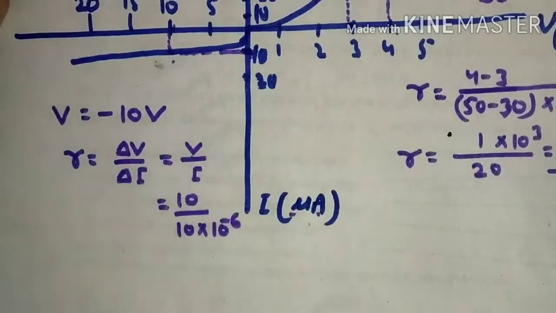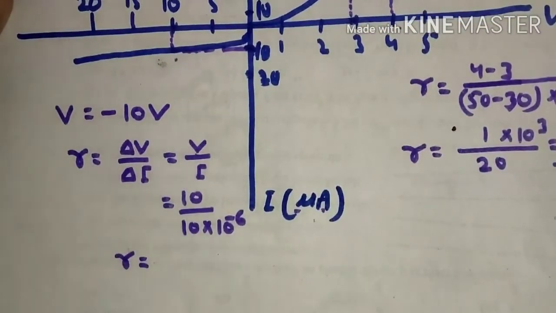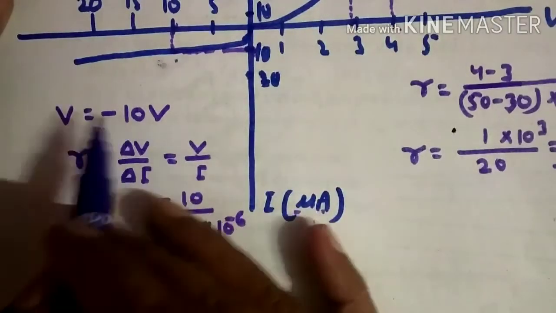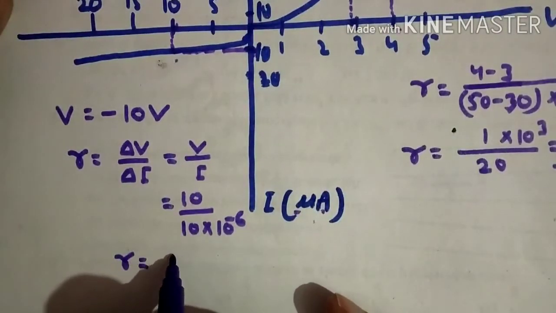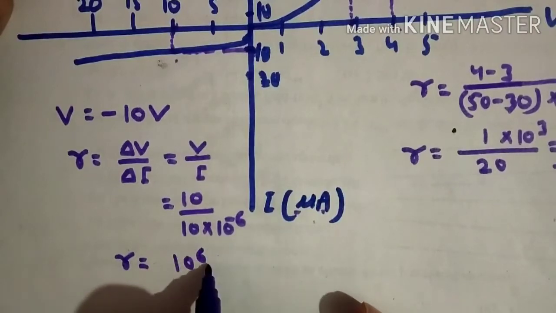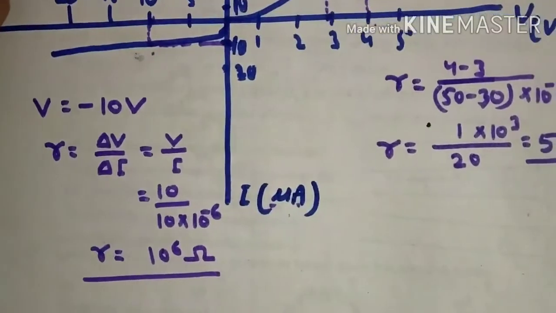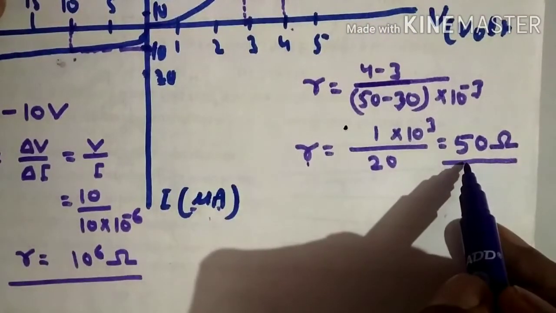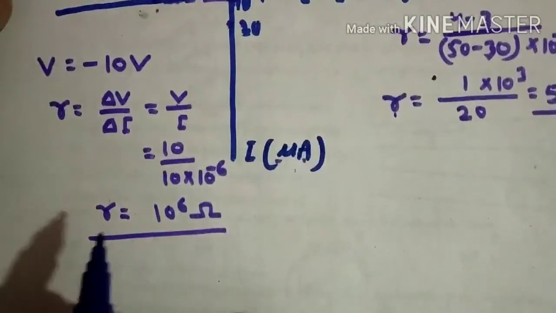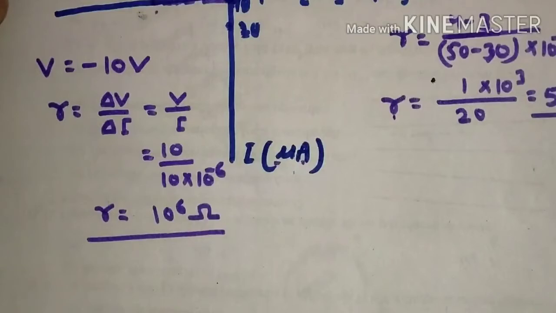So the resistance offered by the diode when the voltage is minus 10 volt is 10 to the power 6 ohm. Now you can find the resistance in forward biasing is coming to be 50 ohm, whereas the resistance in the reverse biasing is coming to 10 to the power 6 ohm.